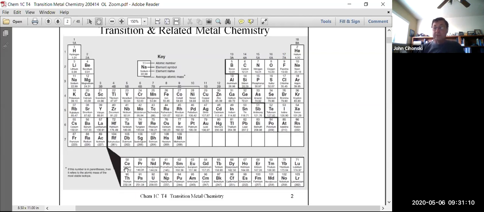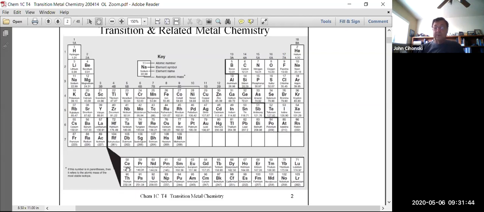Down here, the outer shell involves F electrons, both for the cerium row and the thorium row. Now, these elements in the cerium row are also known as the rare earths. Turns out they're not all that rare, but they are very valuable, especially in areas like catalysis, and even more so in electronics.